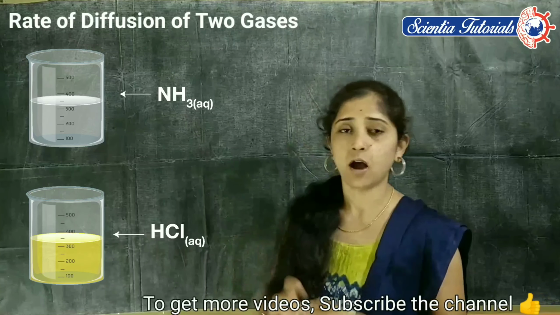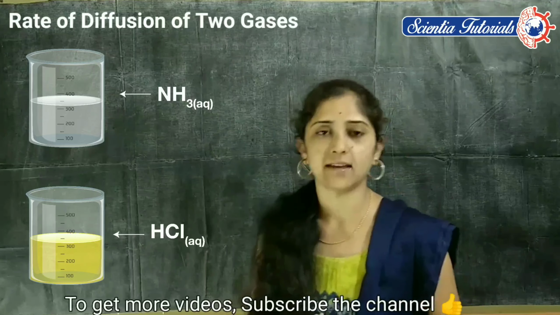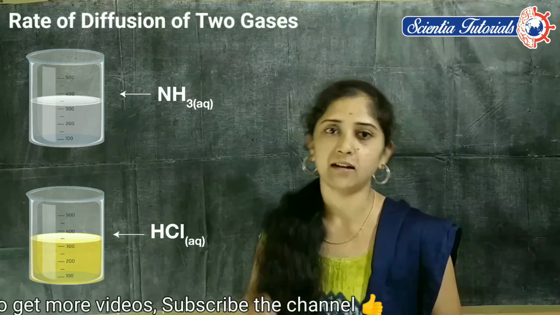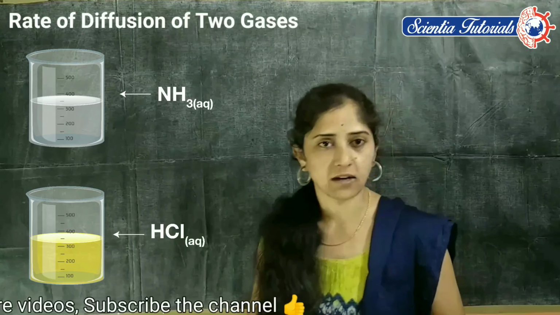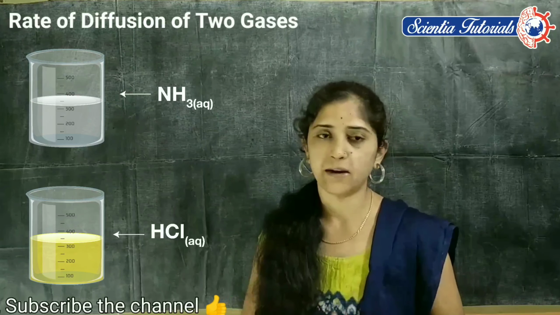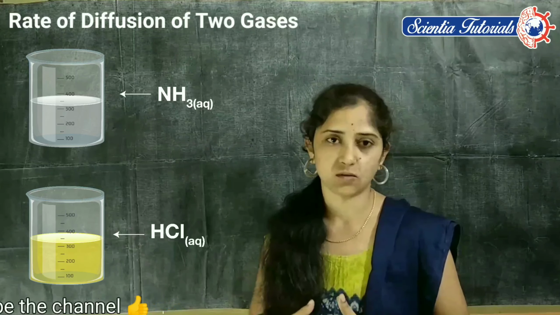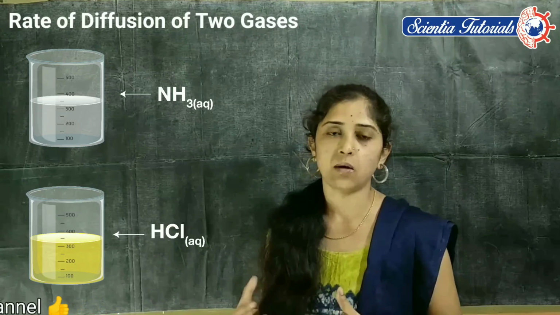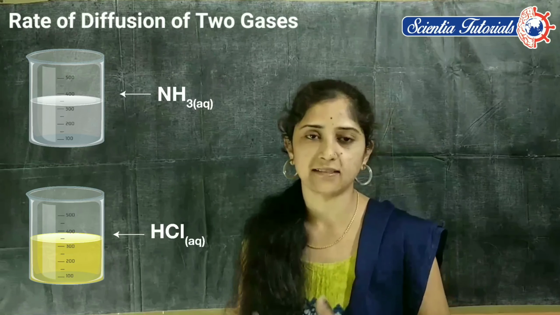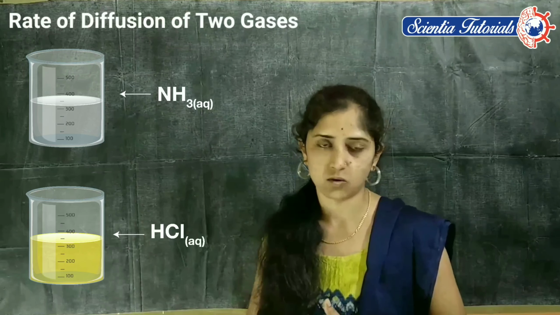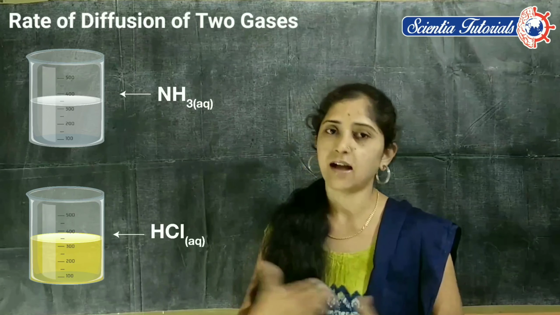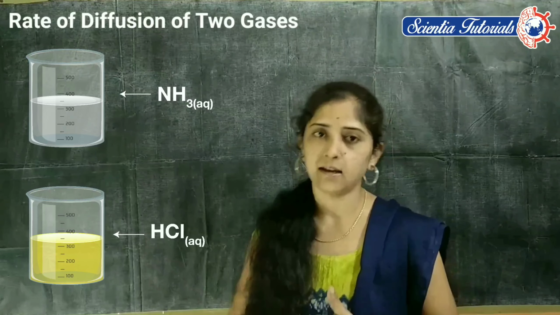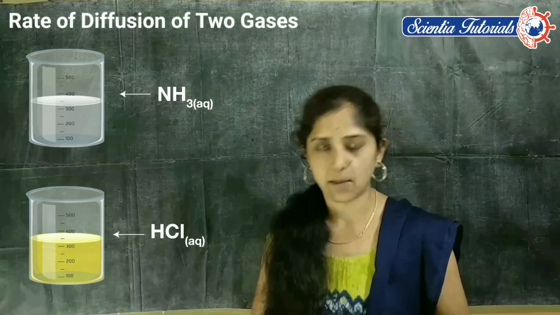How do we prepare the solutions? By adding ammonia to a certain amount of water, the ammonia solution will be prepared, and by adding some hydrochloric acid to water, the hydrochloric acid solution. Otherwise, we can take concentrated hydrochloric acid for this lab activity.